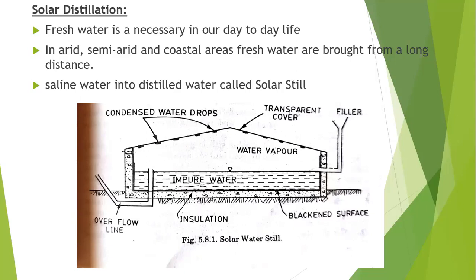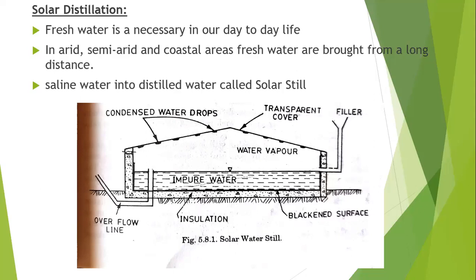By the knowledge of solar distillation, we can make salty water into fresh water to use for drinking. In these areas we can use solar radiation because it is plentiful everywhere.